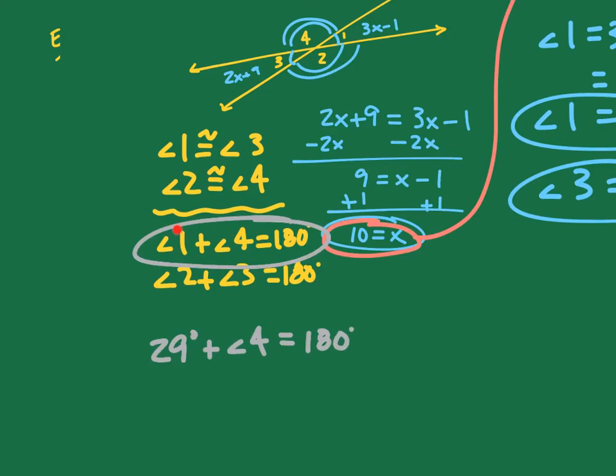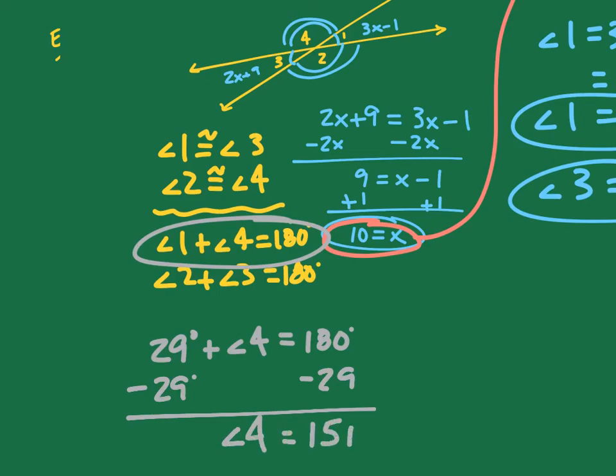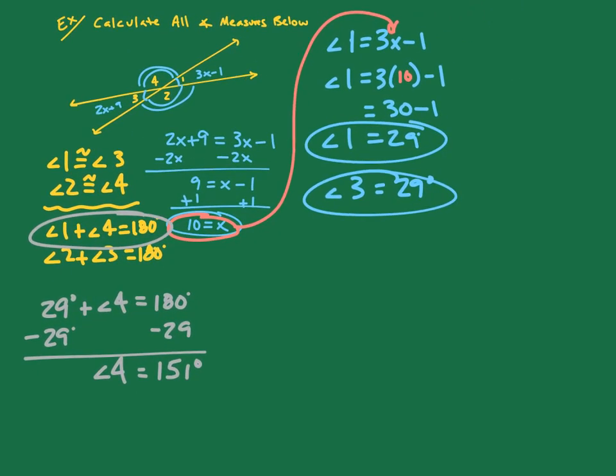All I did was substitute 29 in for angle 1. Here I'm going to subtract 29 from both sides, and I get that angle 4 is equal to 180 minus 29, which was 151 degrees. So angle 4 is equal to 151 degrees.